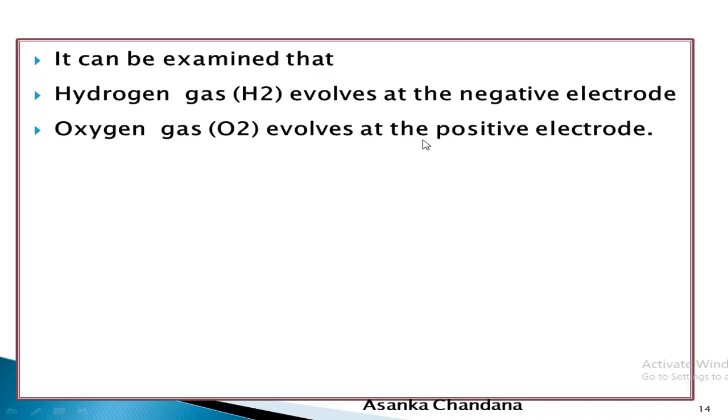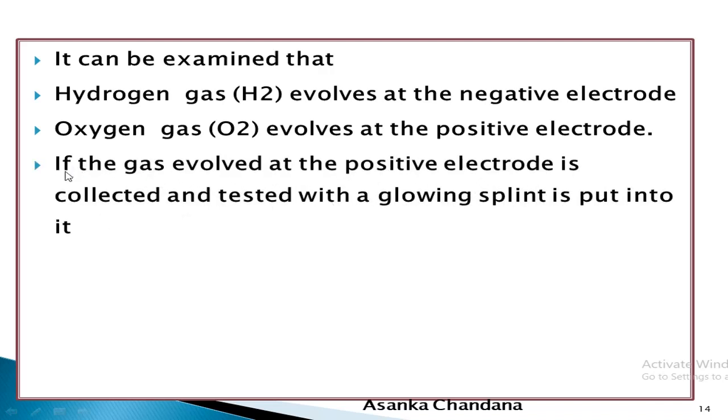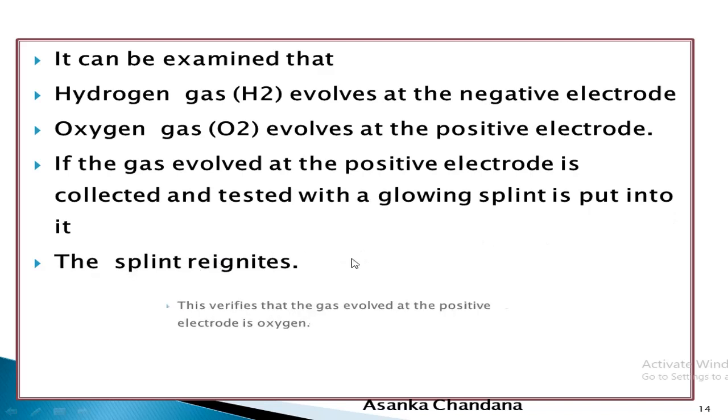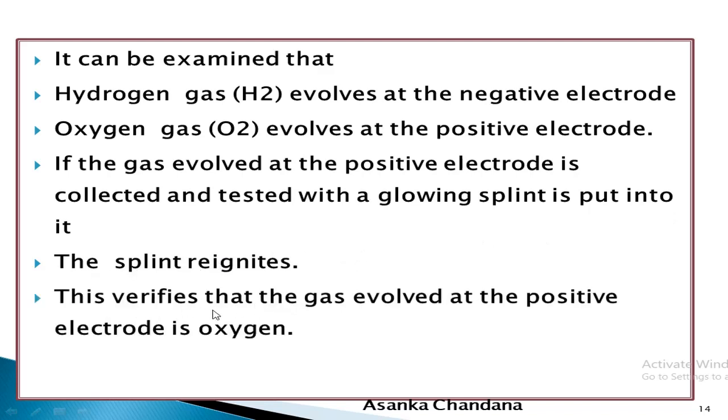And if a glowing splinter is put into the gas collected at the positive electrode, the splinter reignites. This verifies that the gas evolved at the positive electrode is oxygen.